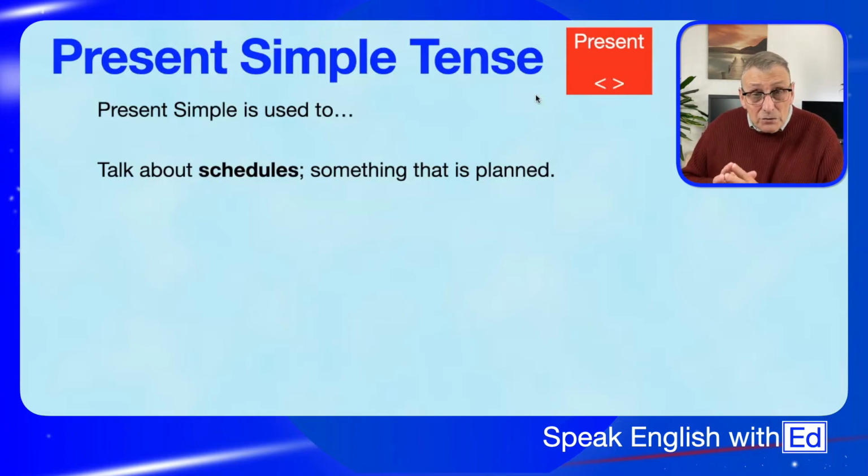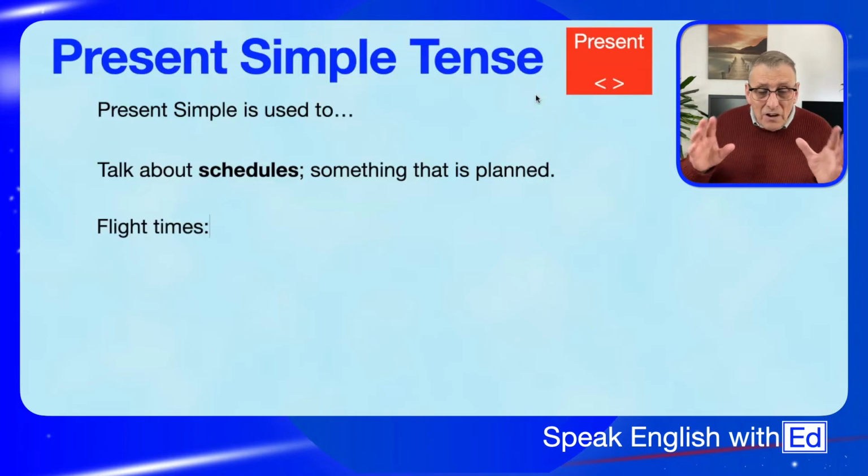Now, a schedule is very similar to what we've just been talking about, a routine. Only a schedule is something that is planned. A routine is something that can happen, or maybe doesn't happen. But something that's scheduled is planned, and it's going to happen irrespective.